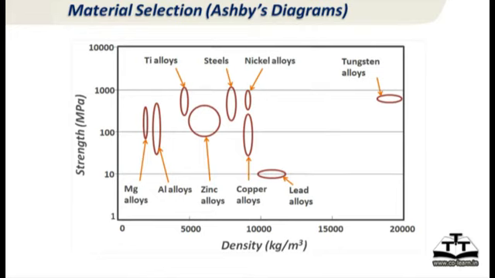Okay, but if you go to the right side, if you see lead alloys, high density and low strength, so you don't want to use them for high strength applications. So this gives you a starting point of how do you select materials from strength to weight ratio.